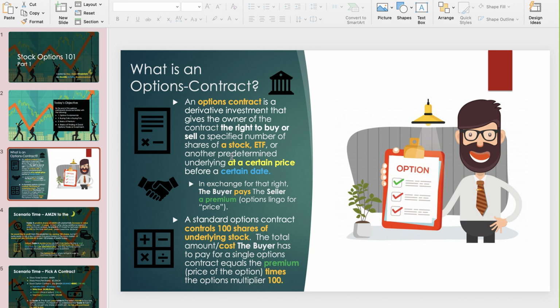And if certain circumstances are met, they can exercise that right to buy those shares from you, and you have to provide those shares, right?